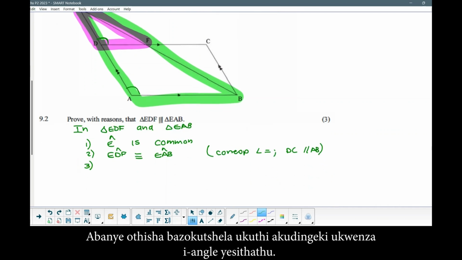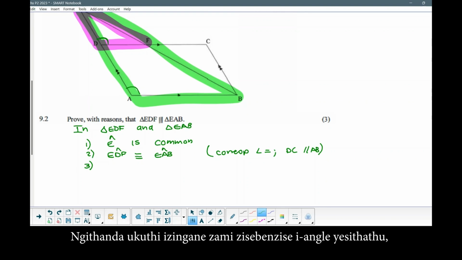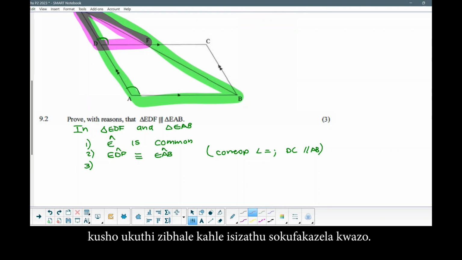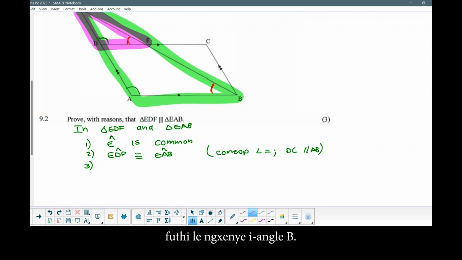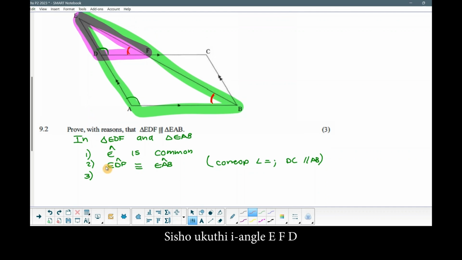Some teachers will tell you don't have to do your third angle. I prefer if my kids do their third angle. It means they've structured their proof adequately. So my third angle is angle F there and this part of angle B. Now there's 2 reasons we could use here. So we're saying that angle EFD is equal to angle EBA.